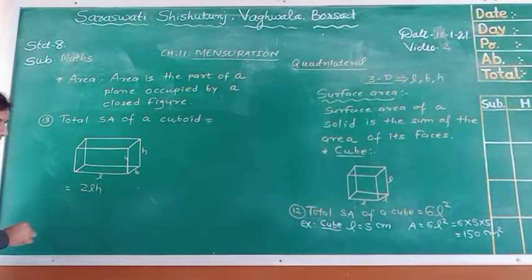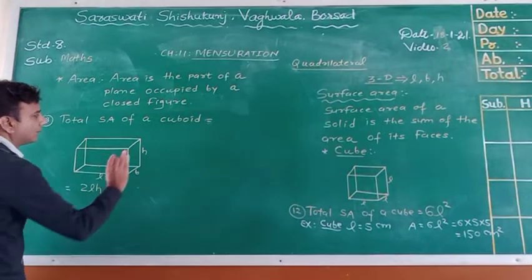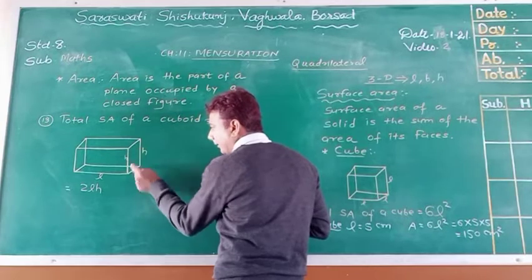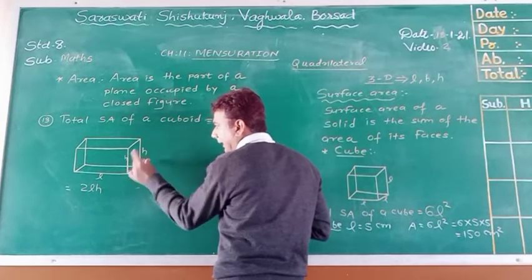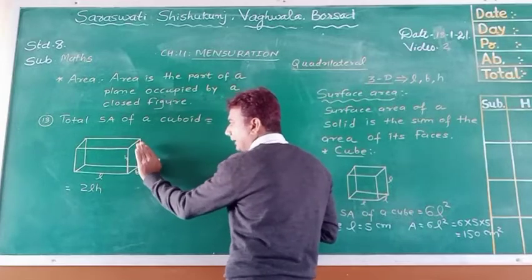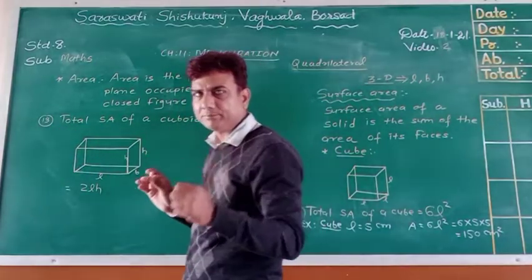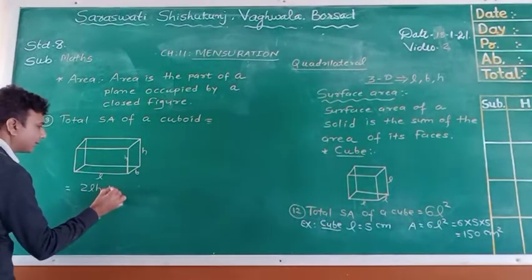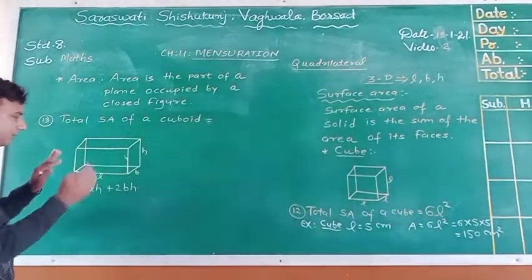So 2LH. Okay. Now this side, we can observe this rectangle. We can take this breadth and this height, and 2 times, both sides will become same. So 2 times BH. Okay. Now front and side over.